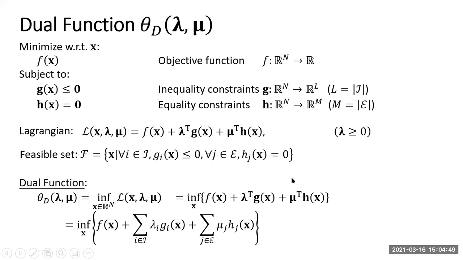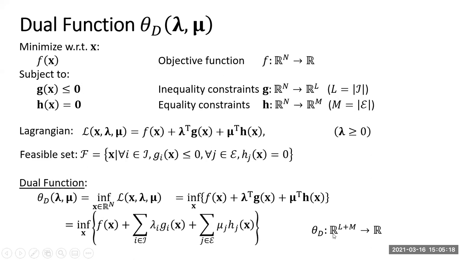Now let's look at the dual function more carefully. First of all, it's a mapping. We have L inequality constraints and M equality constraints, right? And so this theta d is a function of lambda, which is an L dimensional vector, and mu, which is an M dimensional vector.